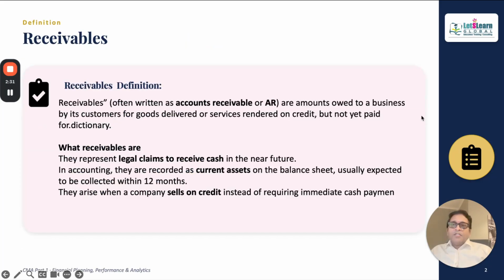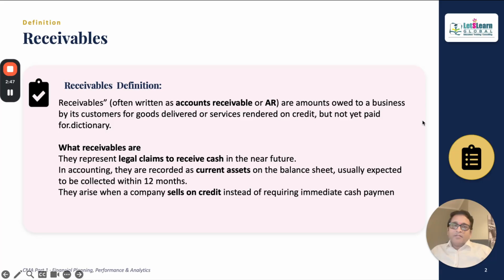First of all, a receivable is an amount that is owed by our customers because we sold the goods on credit, we delivered our services on credit, they owe us.